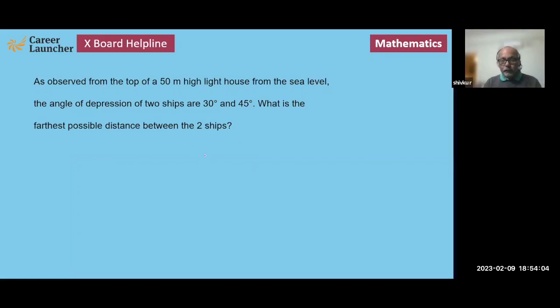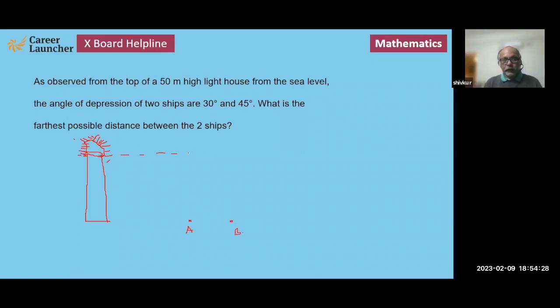अगर ships की one possibility, imagine कि आपका lighthouse यहाँ पे है, let's say this is our lighthouse, and one possibility is ship A is here, ship B is here, right?